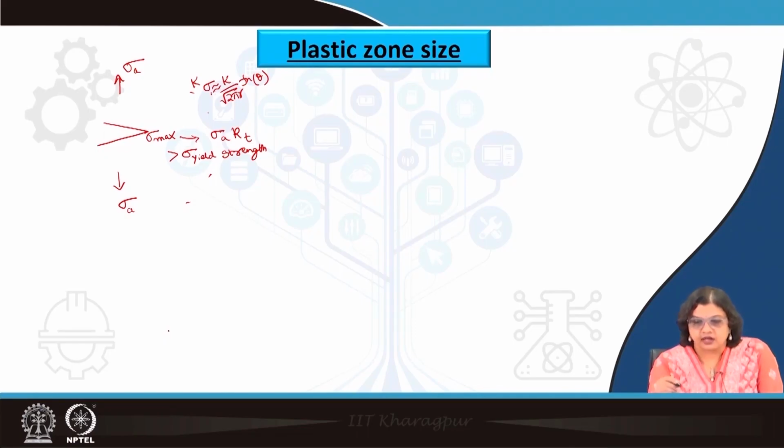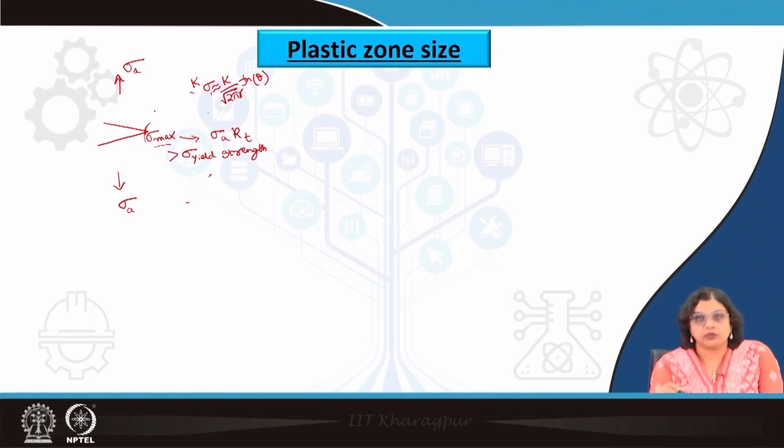Now, in case we have a plastic zone ahead of the crack tip, we would like to know the size of that plastic zone and how that influences the fracture behavior of the material. So, let us assume that this sigma max exceeds the yield strength and there is plastic deformation forming at the tip of the crack.